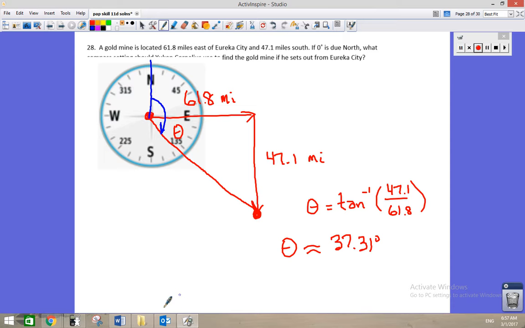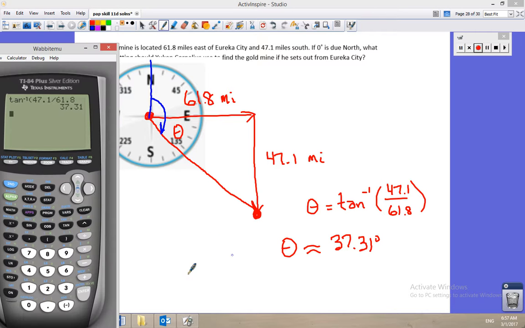So if we add 90 on our compass heading, we get 127.31 degrees, at least to 2 decimals.